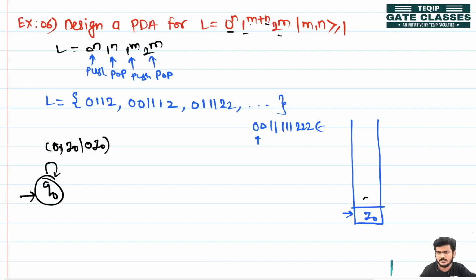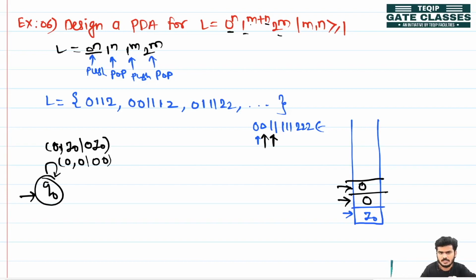So I have pushed that 0 and updated the top pointer, and moved to the next input. For any number of zeros, I have to push. So when the next 0 comes and the top of the stack is 0, I will push it. So this will become 0 0, and I have moved the top pointer here and the input pointer here.